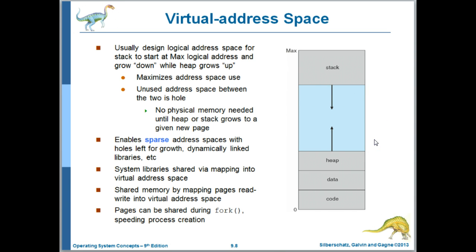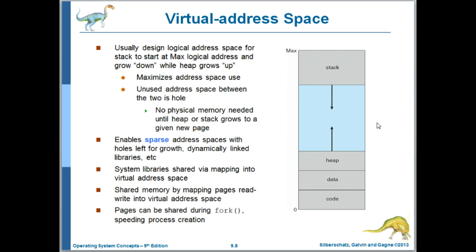With virtual memory, only the in-use portions are mapped into memory, and as the stack grows, then frames are allocated, or as the heap grows, frames are allocated. So this reduces a process's memory footprint and allows it to begin executing more quickly because we won't have to allocate the space, so there's less overhead.